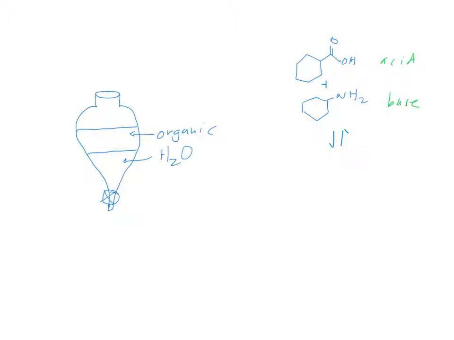Well, the acid is going to give up its proton, and it's going to be transferred to the base. So we're just going to get an acid-base reaction here. It's going to give us the carboxylate anion plus the ammonium ion.